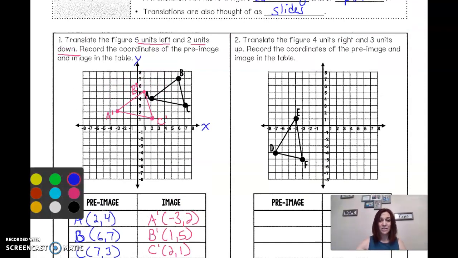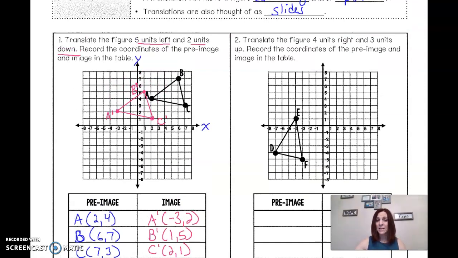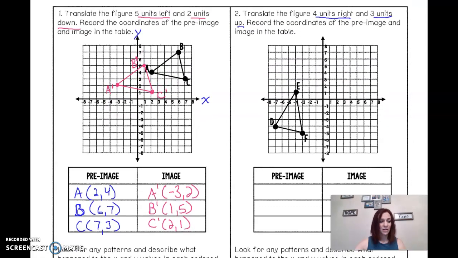All right, let's do this next one really quick. This time we want to go 4 units right and 3 units up. So if I quickly record my pre-image here, D is going to be at -7, -4. E is going to be at -4, 1.